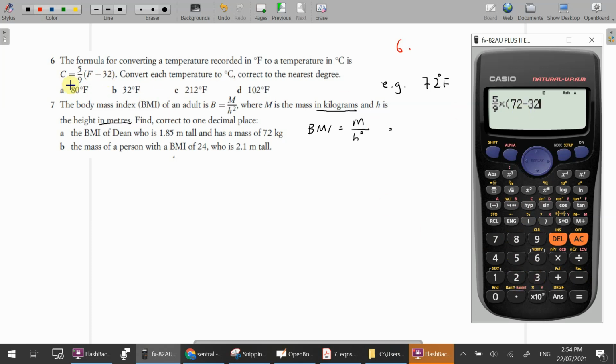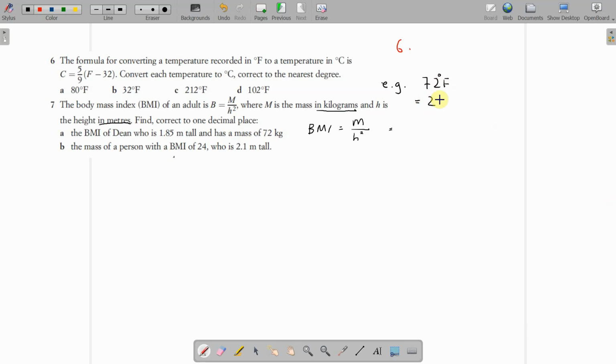So in your answers, you put 80 there instead of 72, then you put 32, then you'll put 212 and 102 where I put the 72. Close bracket. That looks like it's, to the nearest degree, 22. So 22 degrees Celsius is 72 degrees Fahrenheit. That's that one.